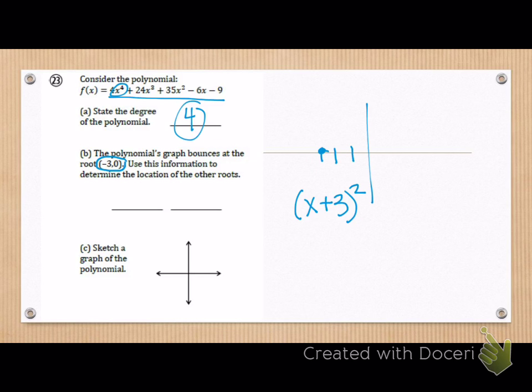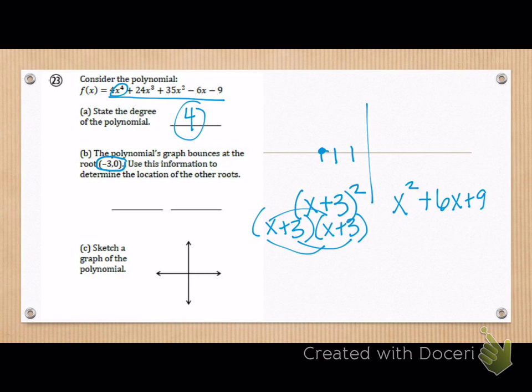So I'm going to go ahead and just do the whole thing, which would be x squared plus 6x plus 9, because if you multiply out x plus 3 times x plus 3, you get x squared, you get 9, and then you also get your 6x there.